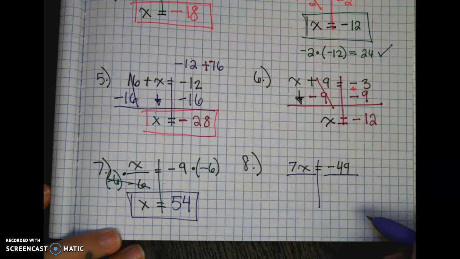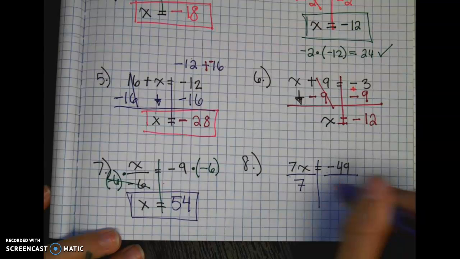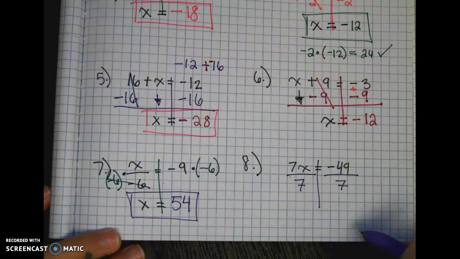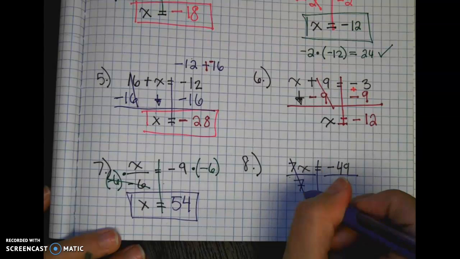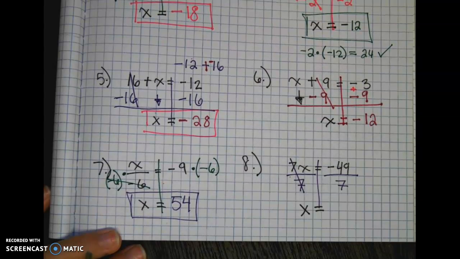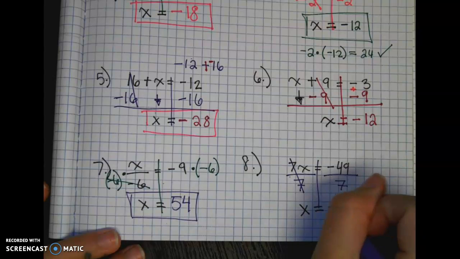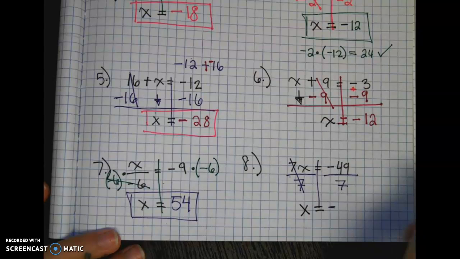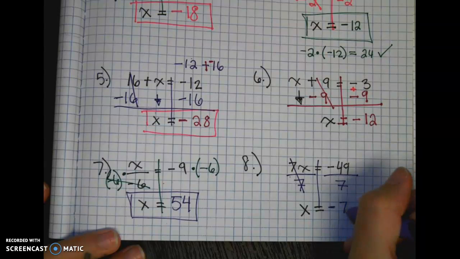So I'm going to divide both sides by 7. Both of these cancel. I'm left with x equals, what's a negative divided by a positive? Opposite signs mean it's going to be negative. Negative 49 divided by 7 is -7.